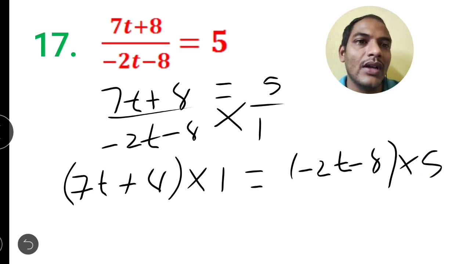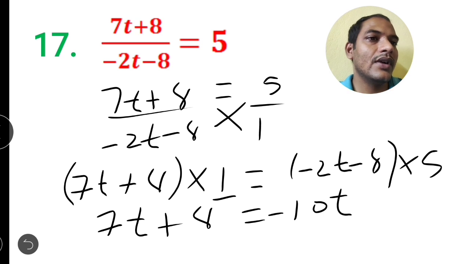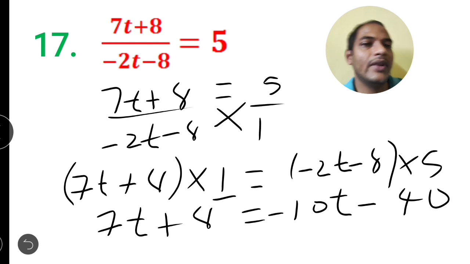Now 1 multiplies inside: 70 into 1 is 70, plus 8 into 1 is 8. It is equals to minus 2t into 5, 5 2s are 10, so minus 10t, minus 8 into 5, 5 8s are 40, so minus 40. Now write variables on the left side and constants on the right side.